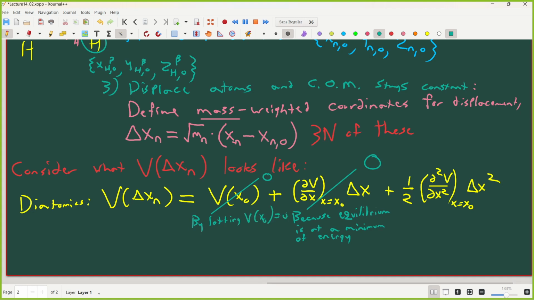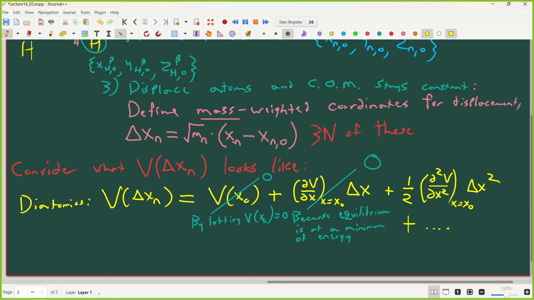We can set the energy equal to 0 at any point we want, so we can always scale the system so that the energy at equilibrium is 0. We just define our energy scale that way. And the first derivative term goes away because we're expanding around a minimum of an energy surface. So all we are left with is this second derivative term. And of course, there are higher order terms as well. I'll just add that. There are more terms.